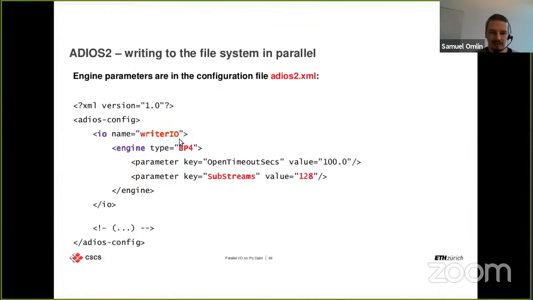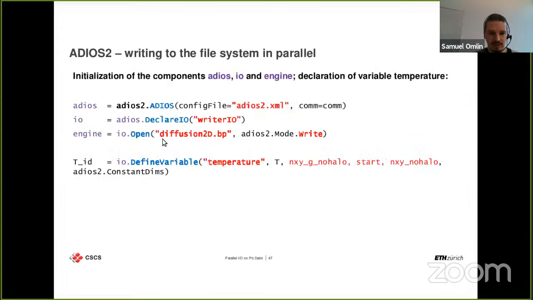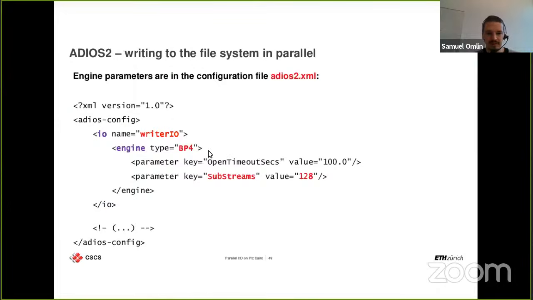And here we specify IO, writer IO. This is the thing that we had declared before, the writer IO, which is what we want to use. So here we specify the details of the writer IO.